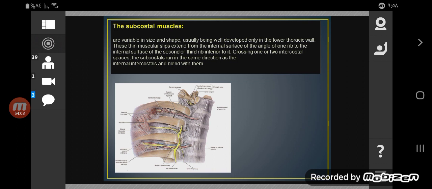The origin of each subcostal muscle is the internal aspect of the angle of a rib. This place is the angle of the rib, and the direction of the muscular fibers is similar to the internal intercostal muscle. And as its name suggests, subcostal depresses the ribs. All right.